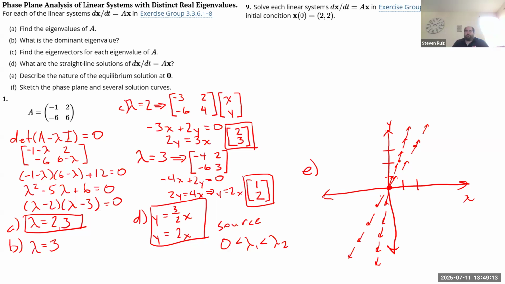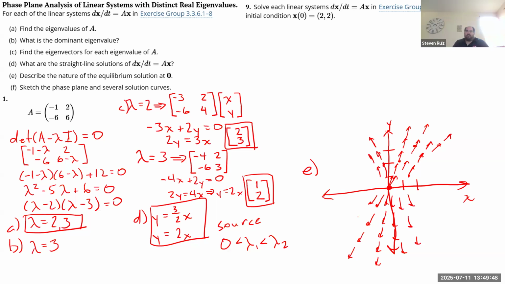Now those slopes are pretty close to each other, so it's going to be hard to show that dominance, but what I can show you roughly here is that we're going to have trends like this, where everything is going to be leaving the origin. Draw some in quadrant 2 as well.